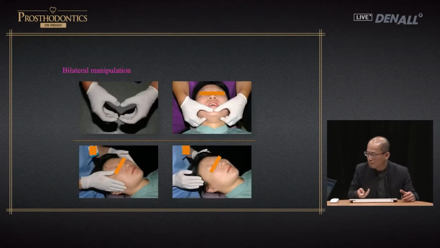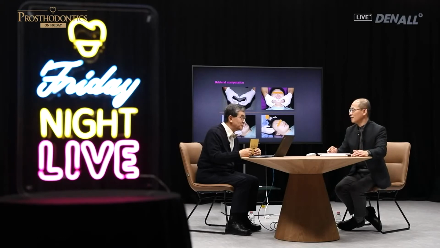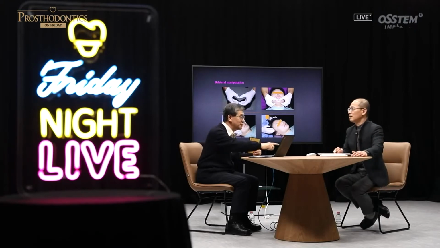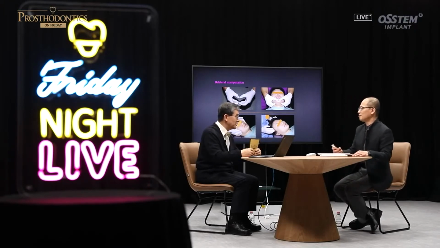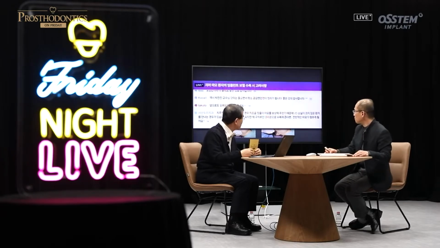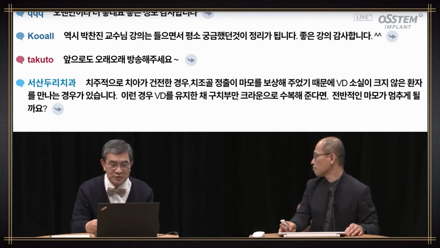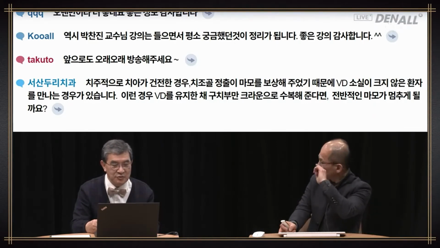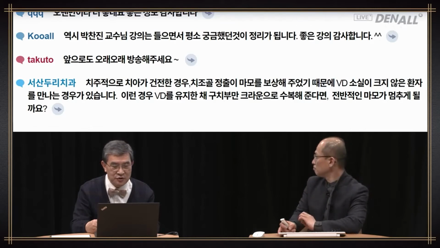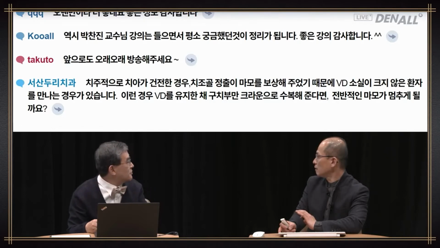Now, apologies, but there is a question about vertical dimension, so let's answer that. I think the question came in from Sosan Duri Clinic. If the teeth are healthy and the wear has been compensated by the protrusion of the alveolar bone, there's not much loss of VD. So while maintaining VD, restoring with the crown alone, would that stop the overall abrasion or wear?